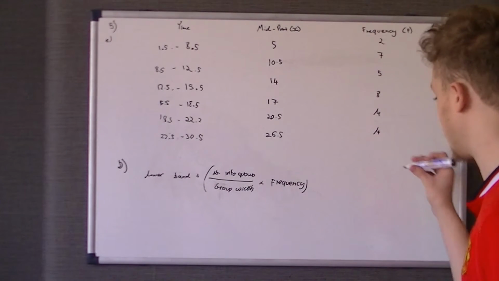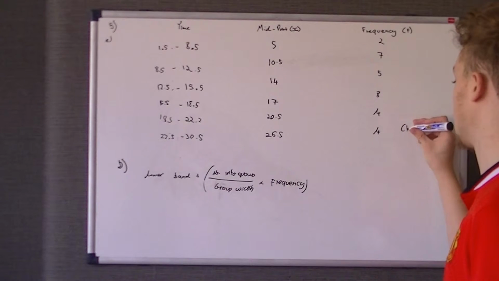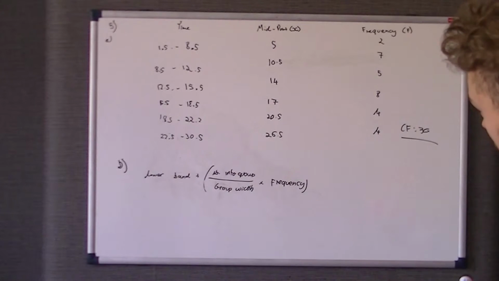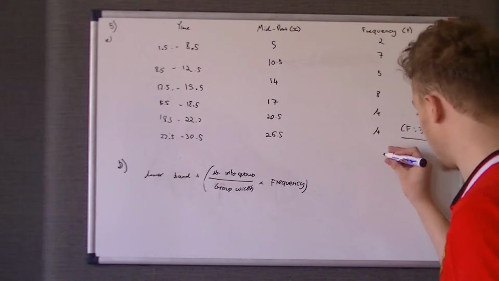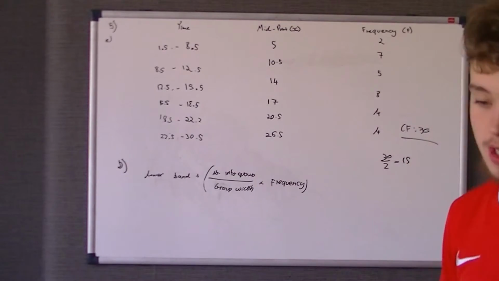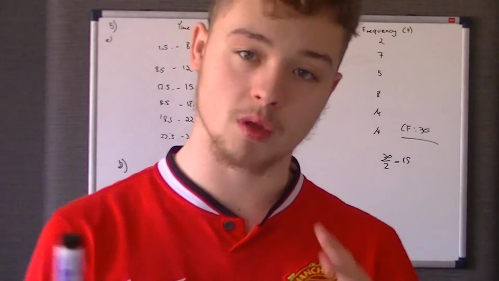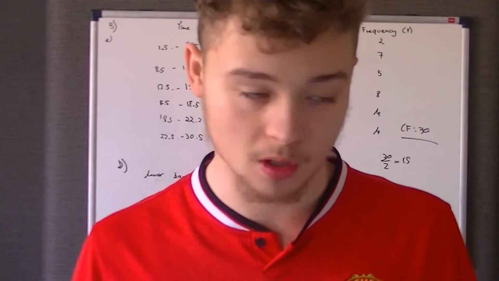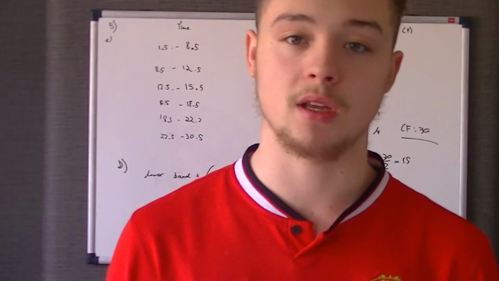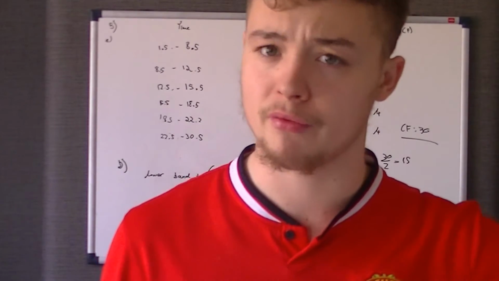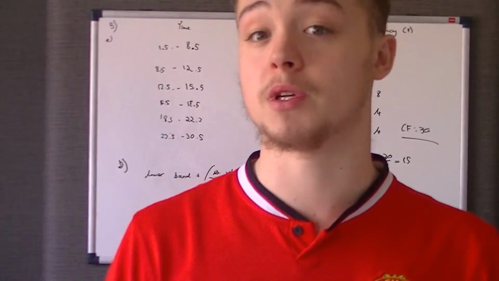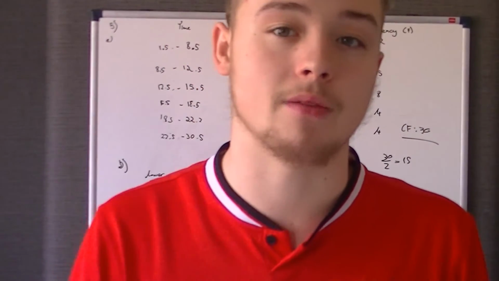So obviously you need to work out the cumulative frequency. If you were to do that, you would find there are 30 people, and 30 over 2 is 15. But that's not our median value, because if you were to write the numbers 1 to 30 and circle 15, you would have a different amount of numbers on one side than on the right hand side of 15.